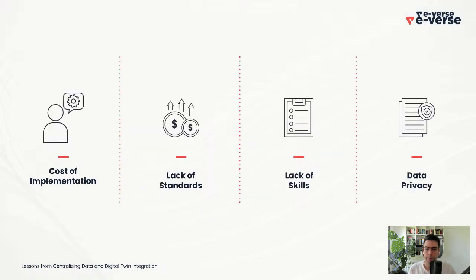So the problem was that there was no integration because the cost of implementation for the facility manager's guy was too high. There were no standards on how to input that data into the software. Everybody does it a different way. Even when there is COBie or safety standards, the reality is not like that. There were also the skills of people who were supposed to manage these big models, and data privacy was also a concern.